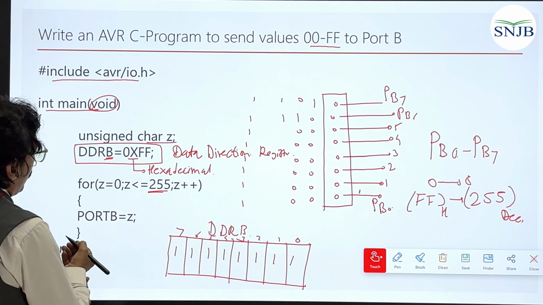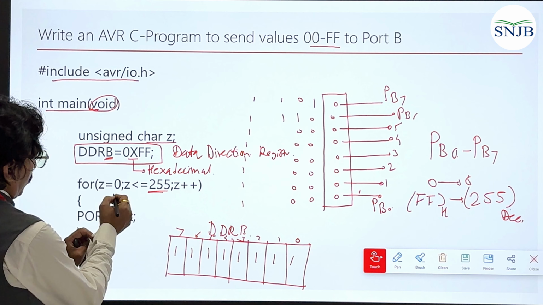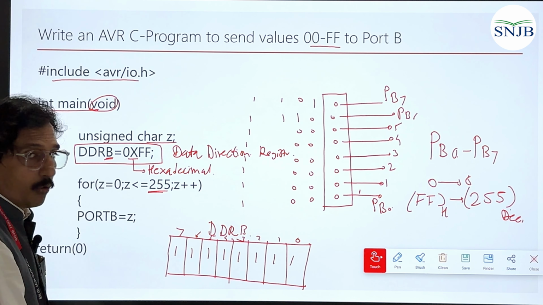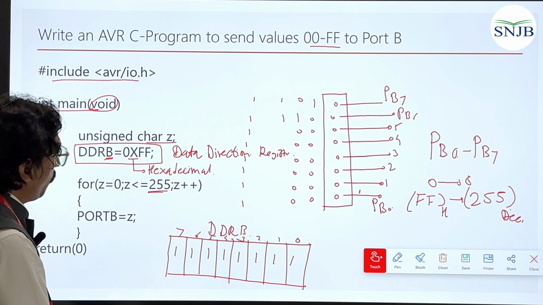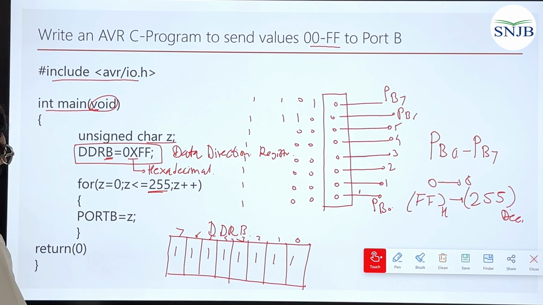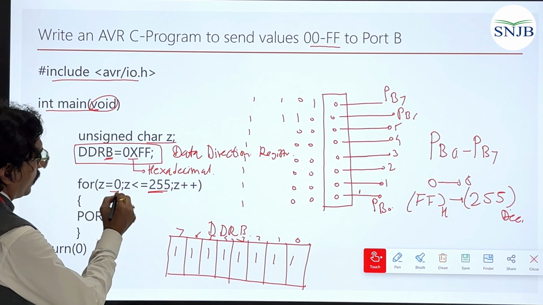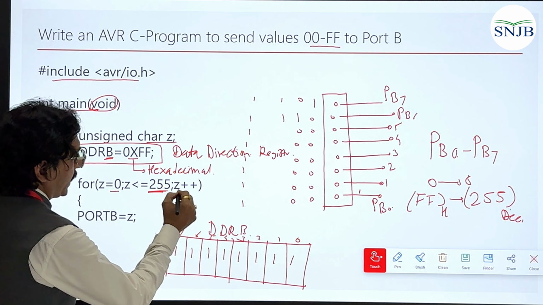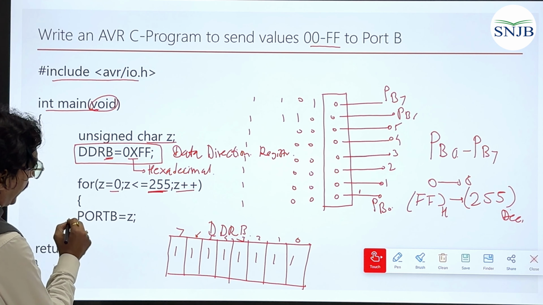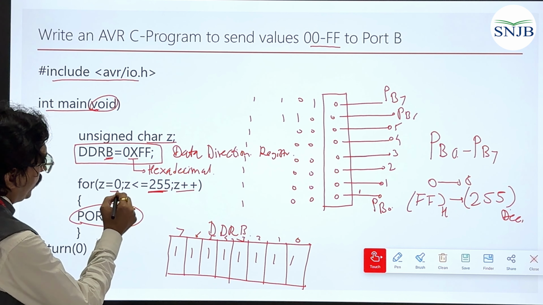So here we are running our loop from 0 to 255 by an increment of 1, and inside the loop we are sending port B the value of Z.